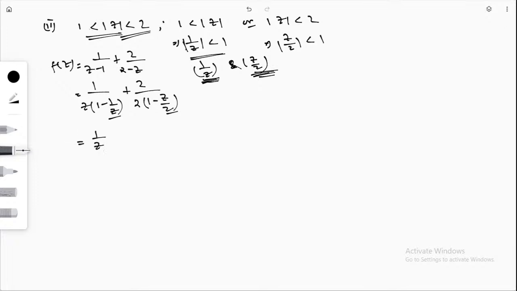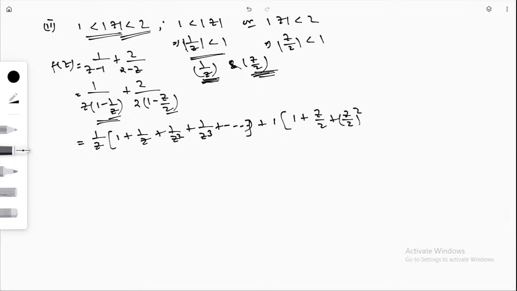So this will be 1 by z, and what is the series expansion of this one? This is 1 plus 1 by z plus 1 by z whole square, then 1 by z cube, like this. And then 2 by 2 cancels out, and this is 1 into 1 plus z by 2, z by 2 whole square, z by 2 whole cube, like this.